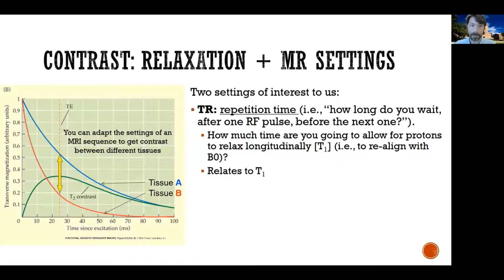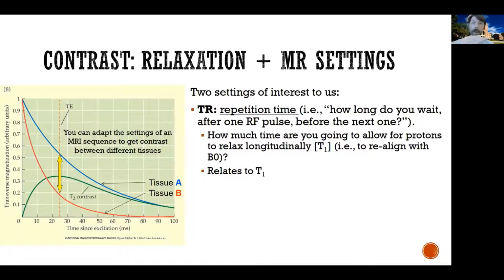to relax longitudinally. And the reason why this is important is because you can only stimulate effectively a proton if they have relaxed enough in the longitudinal direction. So in order for your radiofrequency pulse to excite a proton, it must have come back up enough that you can hit them. Okay?